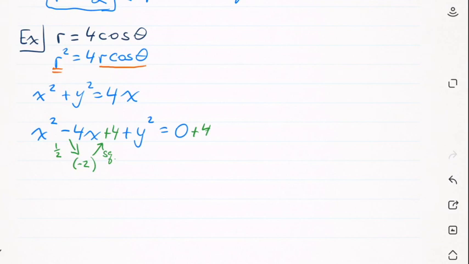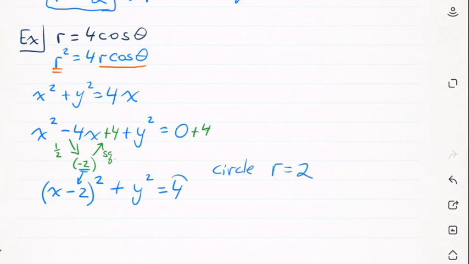The whole purpose of completing the square is to create a perfect square. So this one becomes x, the negative 2 just drops right down into the parentheses, this is going to be squared plus y squared is equal to 4. So this is a circle, and the radius of the circle is 2 because of this 4.